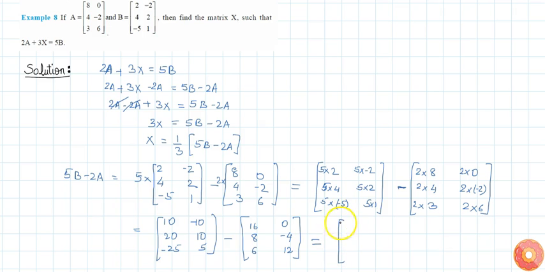We get 10 minus 16, minus 10 minus 0, 20 minus 8, 10 minus 4, minus 25 minus 6, and 5 minus 12.